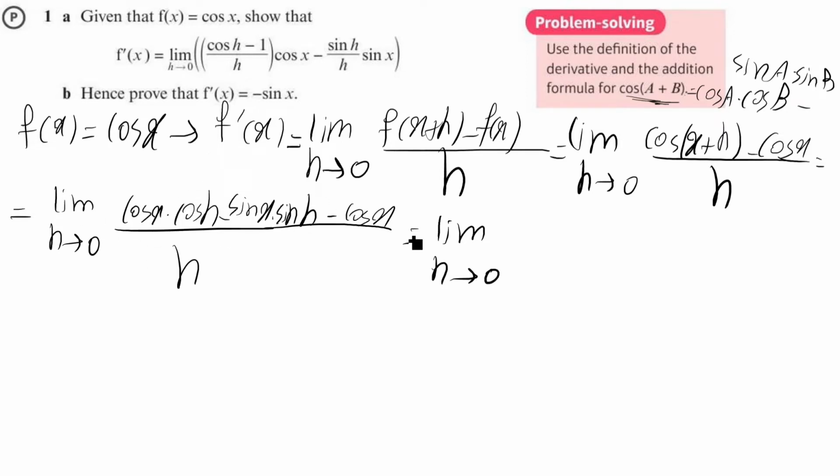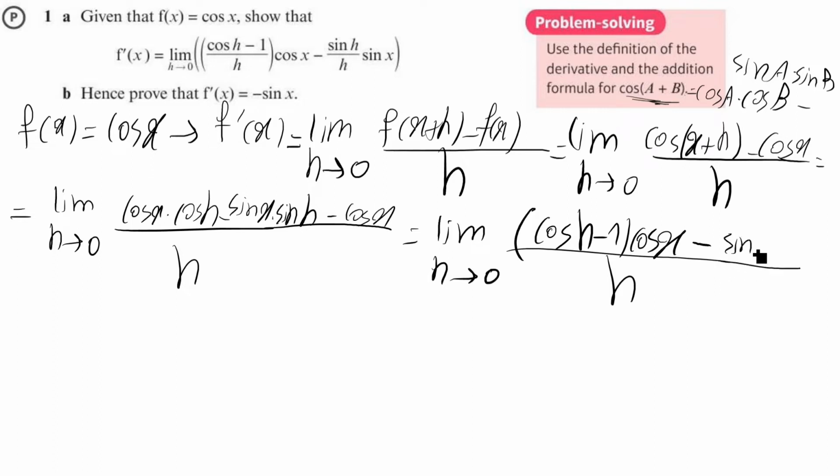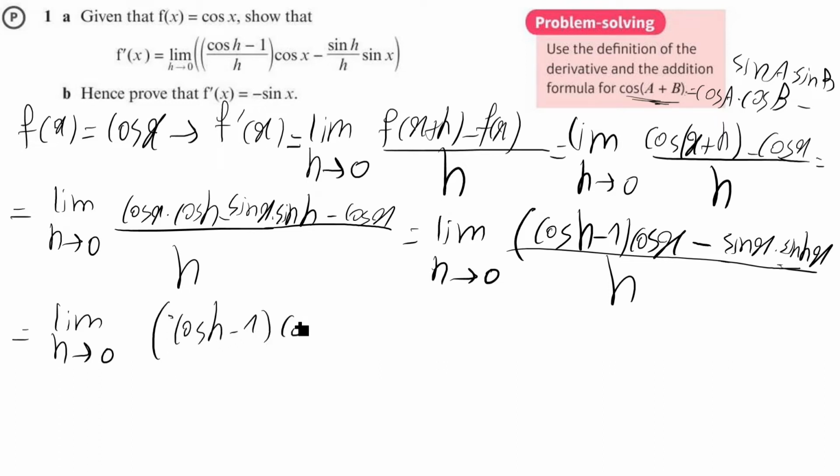So we can do factorization, which can be written in this form, cos h minus 1, because we took cos x as our factor, minus sine x times sine h. And we can separate our expressions to tidy this up a bit. So it's going to be cos x times cos h minus 1 over h, and then minus sine x times sine h over h.